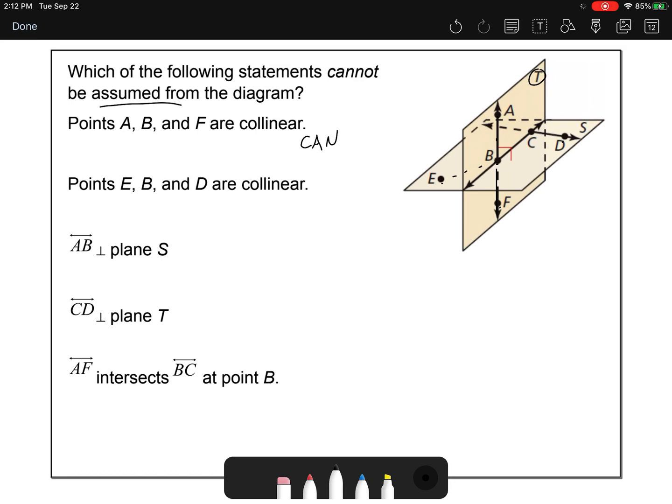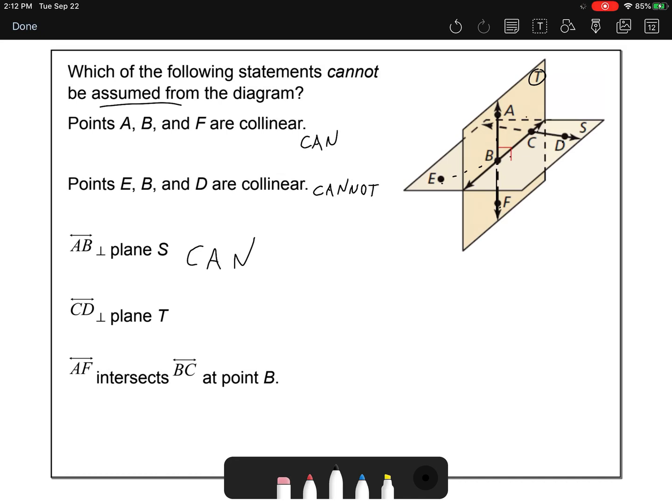How about E, B, and D? Can we assume that these make a line? I agree, you cannot assume that. How about line AB is perpendicular to plane S? Yes, indeed, you're right, because there is a right angle right there, so that can be assumed.